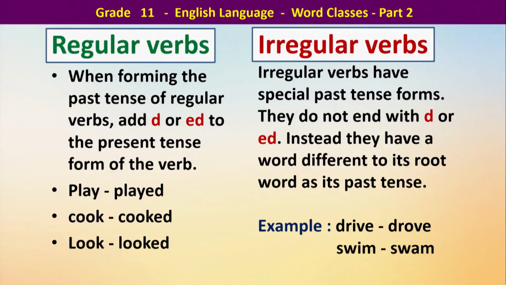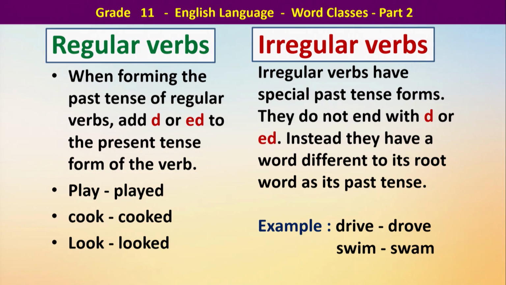Now look at the example, drive. You don't call it drived. So what is the correct way of making it past tense? Drove. Drive, drove. So you don't have ed there. This is a different way of forming a new past tense word, different to the root word. What is the root word in swim? Swim is the root word.